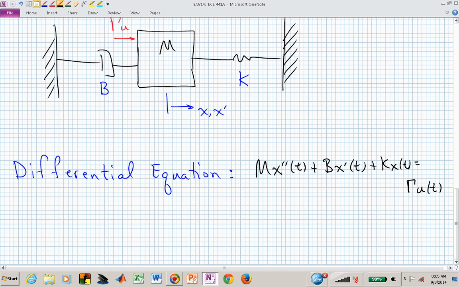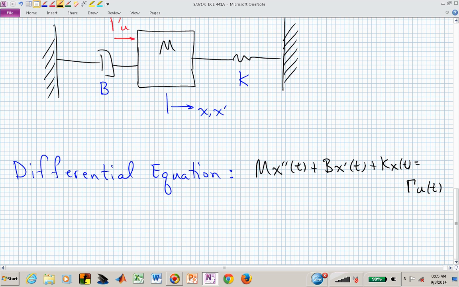How would we find a transfer function if I gave you a set of equations? Or here, I'm just giving you one big equation, which is second order. If I gave you a third order, the process would be the same. If I gave you a fourth order with a fourth derivative of x, the process would be very similar. What do we do?